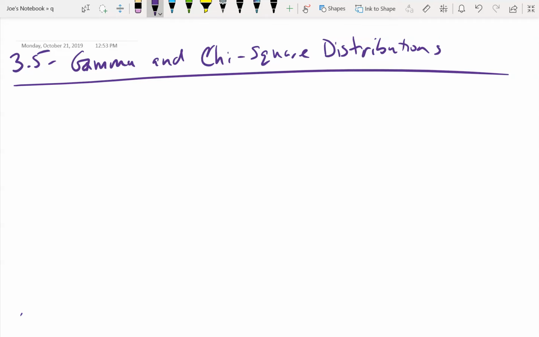All right, so the gamma distribution is basically the natural extension of the exponential.